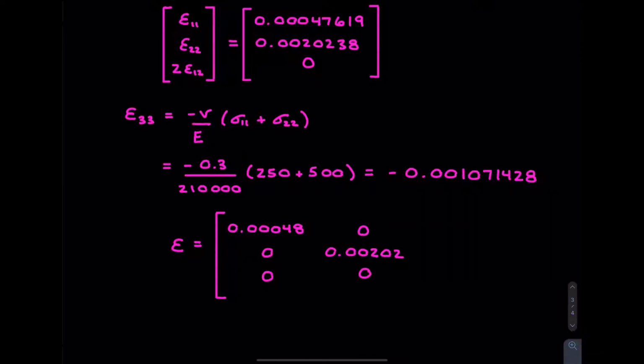And then moving on to our third column, we found out that we do have a non-zero epsilon 33, and that is equal to negative 0.00107. So 107. The other ones were simply zero values, so I'll end off like this. I'll finish this off, and yes, this tensor looks a little gross because there are so many decimal places, but in the end, this is what you get.